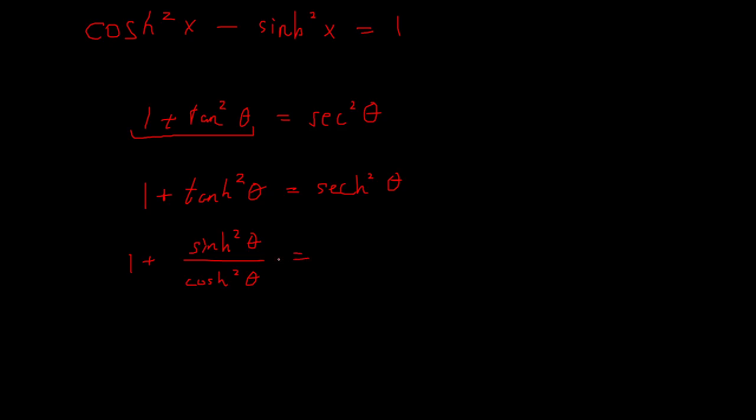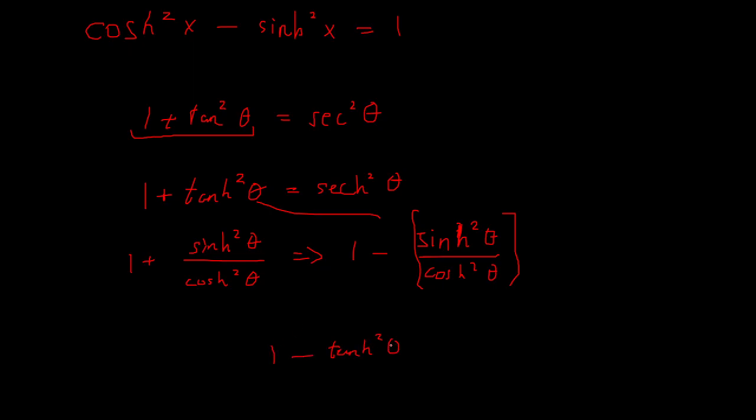And we know that whenever we multiply two sines, it's actually going to be a minus. So it turns into 1 minus tanh squared theta equals sech squared theta, and this is the second identity.